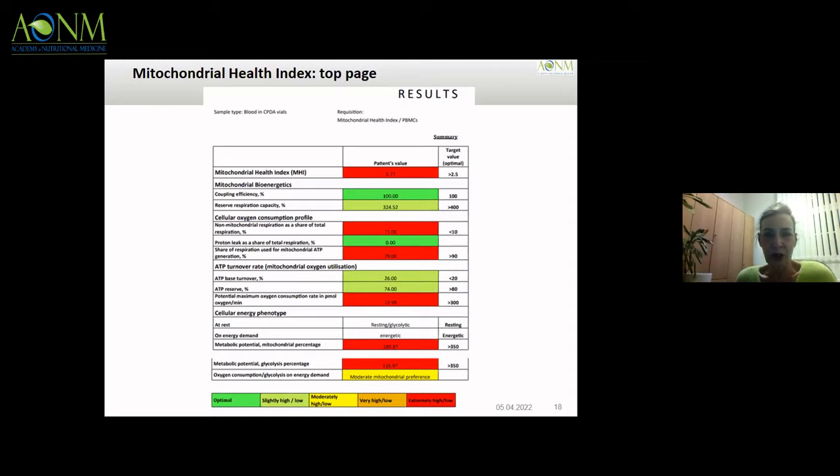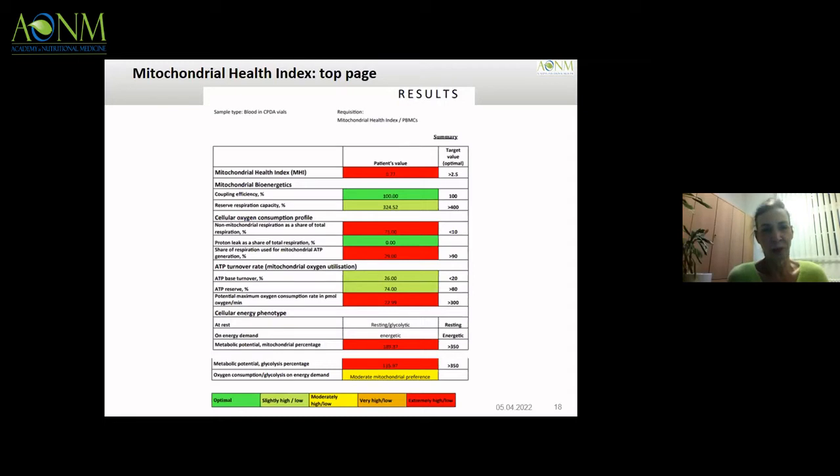So then if you look further at the potential maximum oxygen consumption rate in picomole oxygen per minute, you see a very, very bad number. You see 22.99. But the normal range should be greater than 300. That means that the mitochondria can't produce ATP anymore, because there's a very low amount of oxygen which goes to the phosphorylation complexes of the mitochondria.